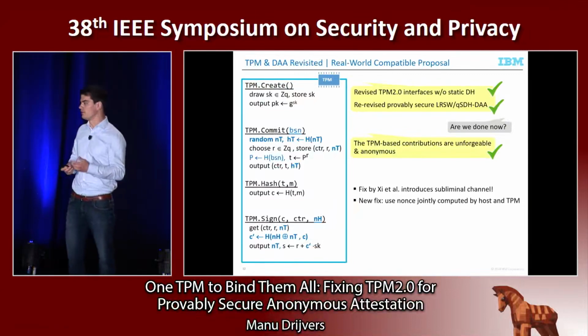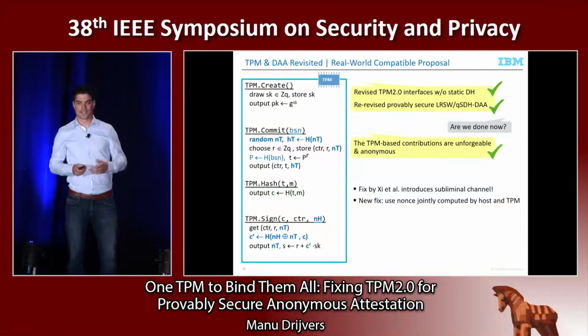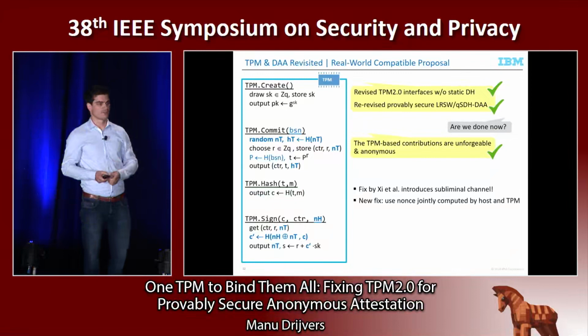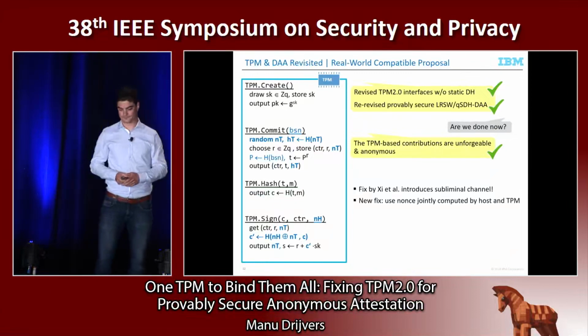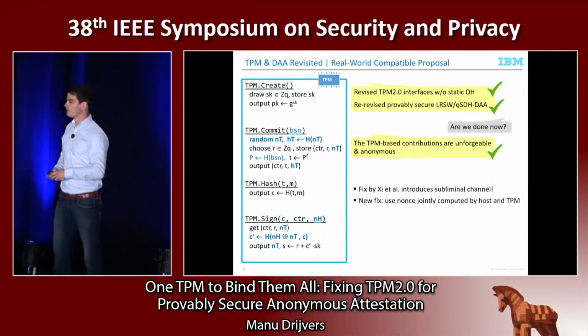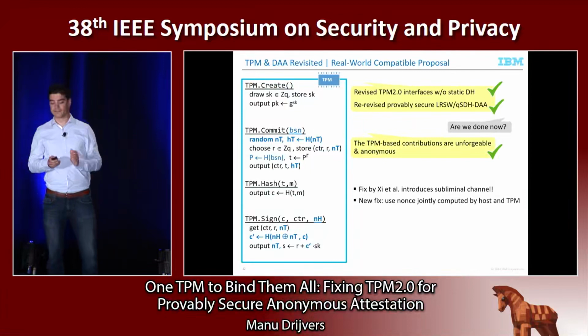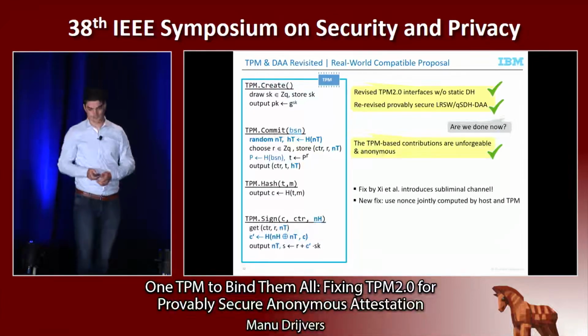So the host adds to the generation of the nonce, such that our anonymity is also preserved while also having enforceability. Now on the left, you see 4 commands, the same 4 commands that we have in the current TPM spec with minor changes in 2 commands, and we think this is actually a useful interface.